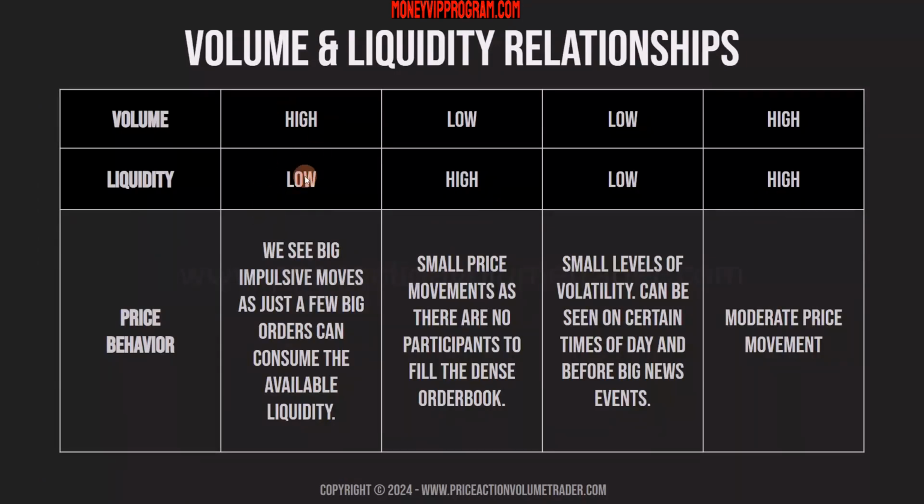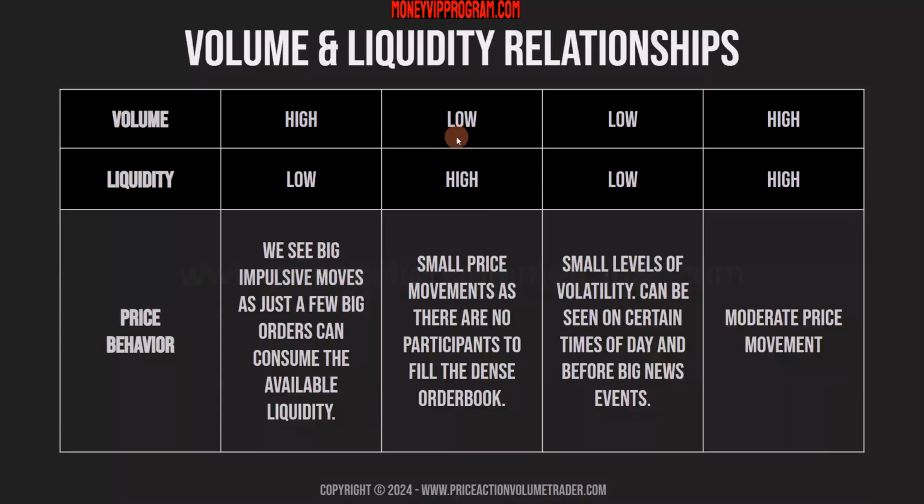Okay. The next example is when you have low volume and high liquidity. This happens a lot, for example, during the Asia session, right around the 6 p.m. hour when futures markets open.